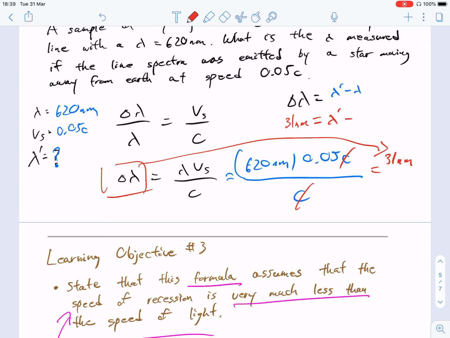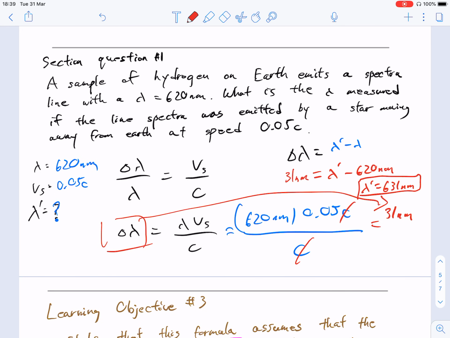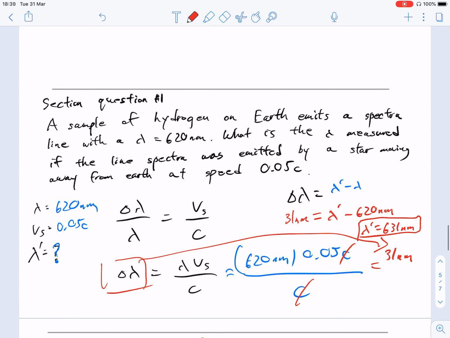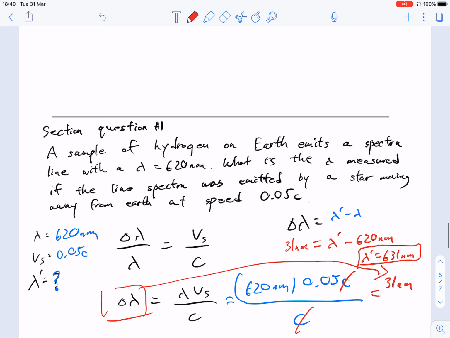We need to subtract that from the original, which is 620. So essentially, we're adding the two together, 620 plus 31. So lambda prime is 631 nanometers. Okay, so that's the solution, guys. Pretty straightforward. Keep track of the units because a lot of times they cancel each other out. As you can see, the c cancels out here and before, the nanometers cancel out. Okay, so that makes it pretty nice.